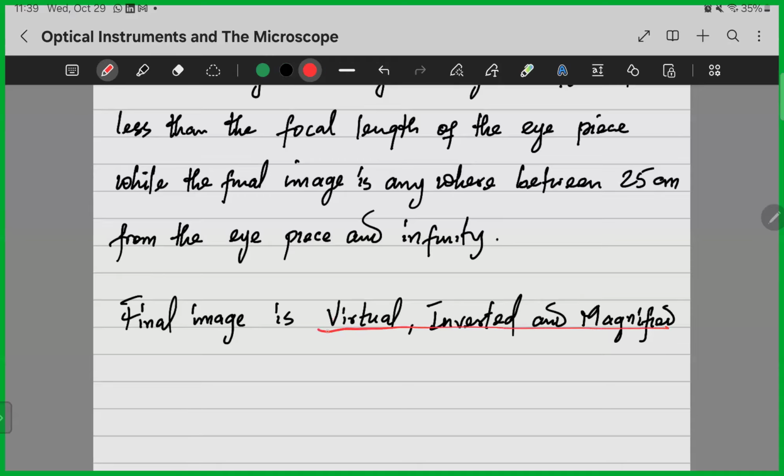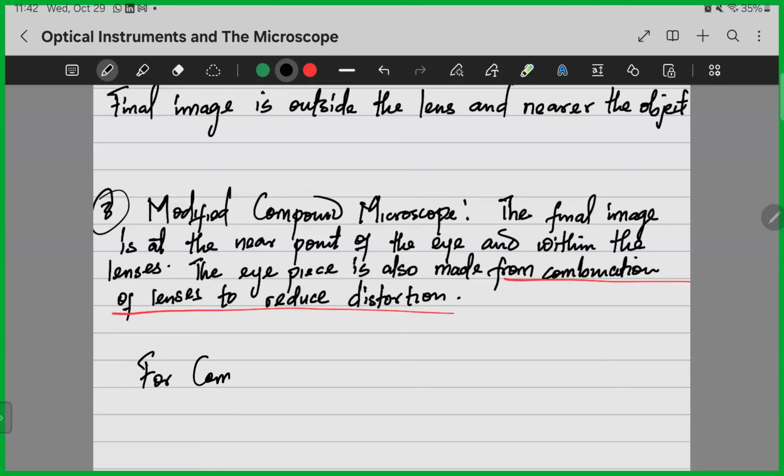So for compound microscopes, let's make a point. M is equal to M1, M2.